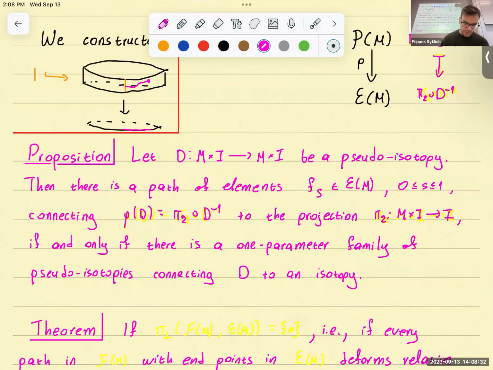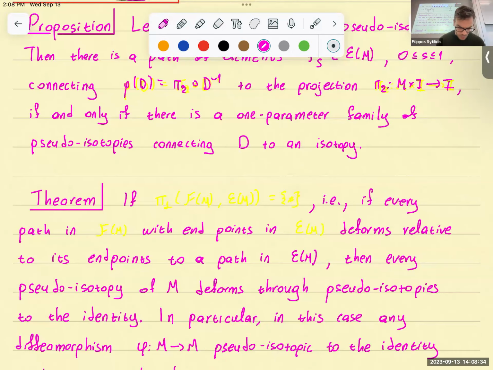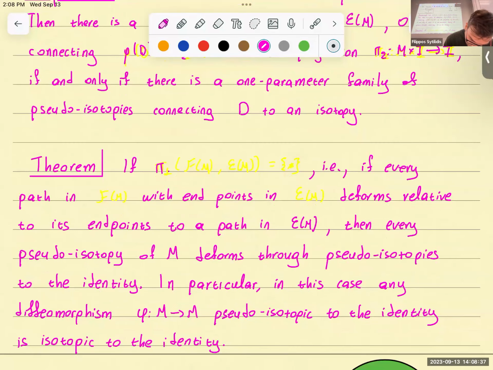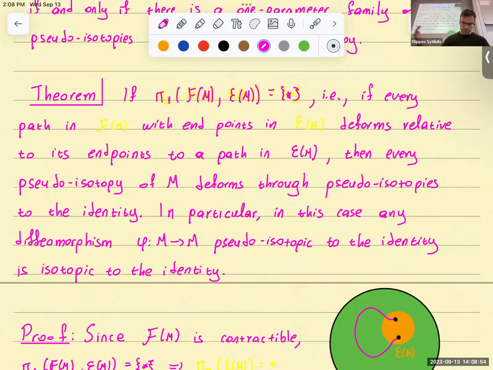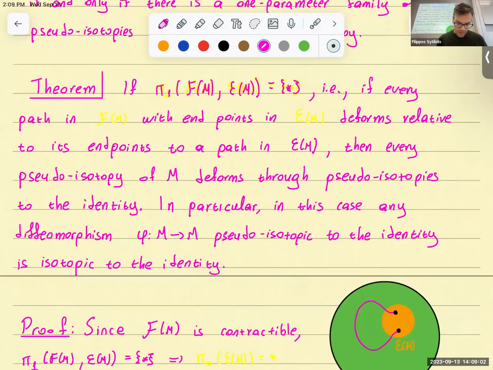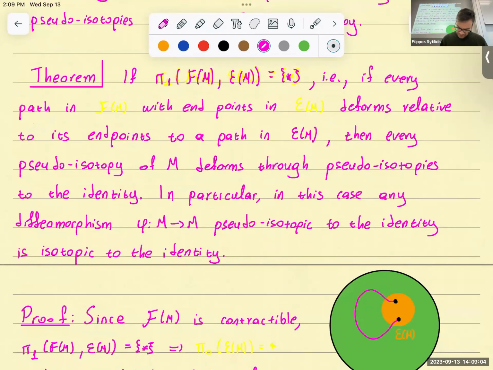And the main theorem that Cerf proved, which we'll get to think about, is that if the relative fundamental group of F(M) comma E(M) is trivial, so F(M) is the space of all smooth real valued functions on M cross I, and E(M) is the subspace of the ones with no critical points, and what does it mean? I made a little bit of a schematic here.